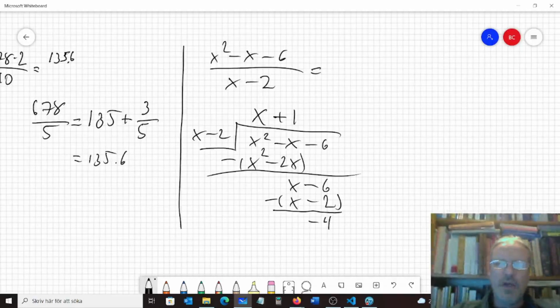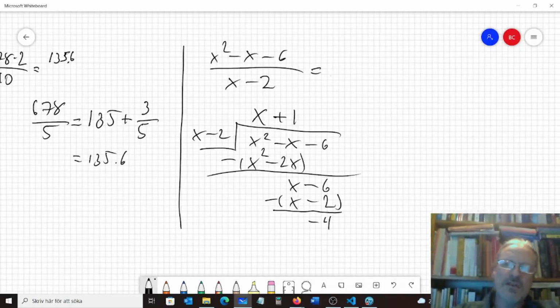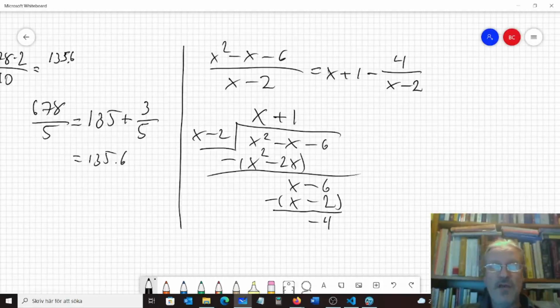So we can say now that x squared minus x minus 6 divided by x minus 2 equals x plus 1 minus 4 divided by x minus 2. So we can use this to be able to graph the function.